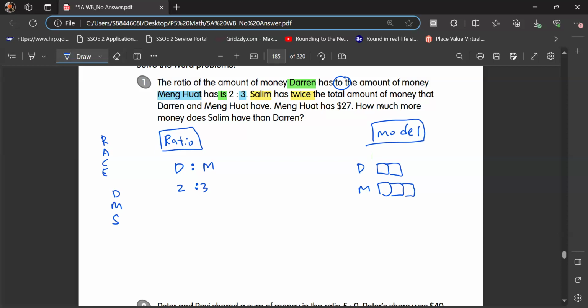Then the complicated part is Salim comes in. Salim is twice the total amount of money that Darren and Ming Huat have. So there's this total of Darren and Ming Huat. So the first total is Darren plus Ming Huat. How many units would that be? So this is 5 units together.